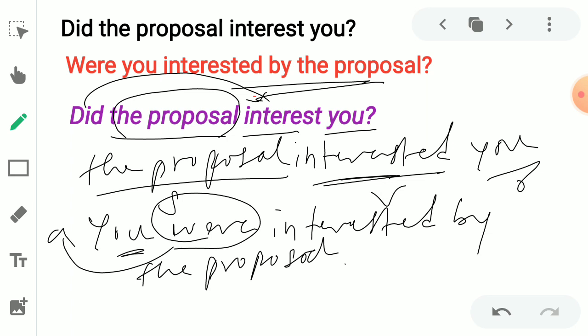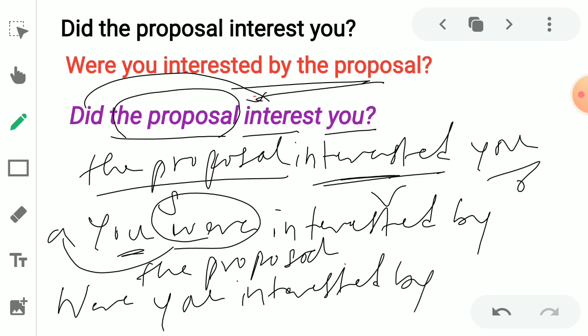Then you can write were at first. You start again. Were you interested by the proposal? Put a question mark at the end.